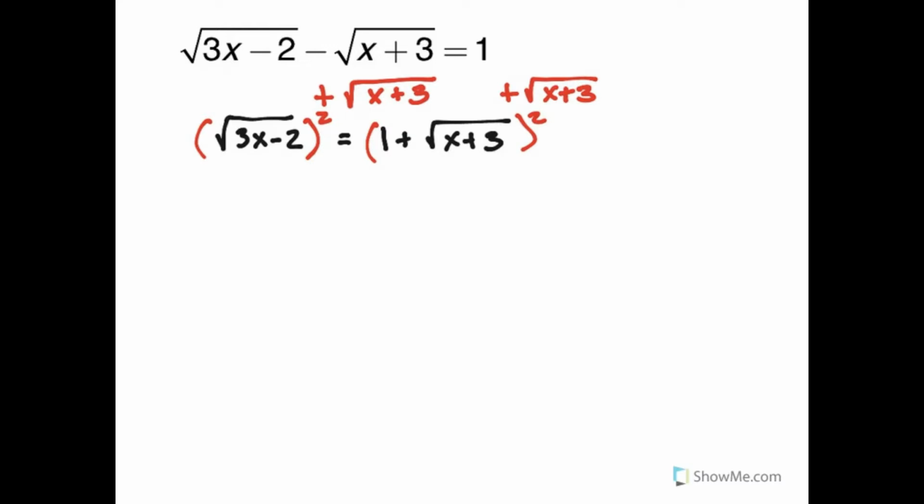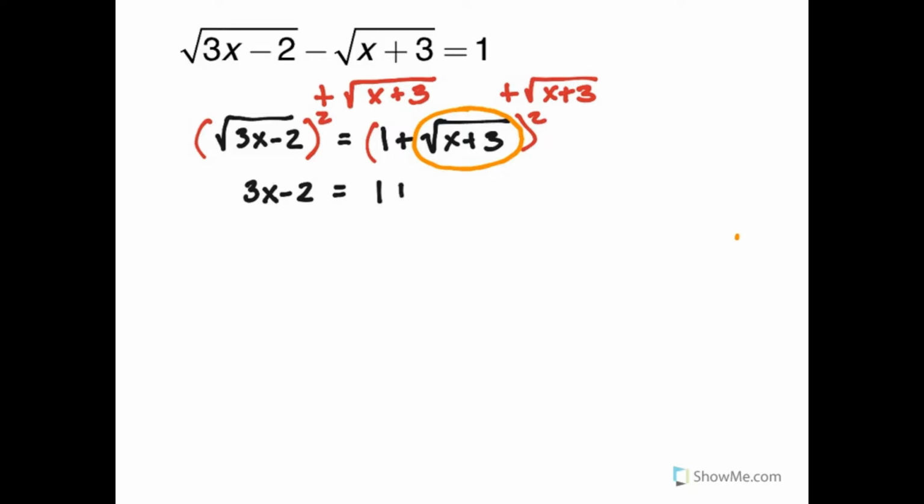And when I do that, on the left, the one I have alone, the square of a square root just simplifies to the expression inside. But the one on the right is squaring a binomial. One term is 1, and the other is this expression, square root of x plus 3.